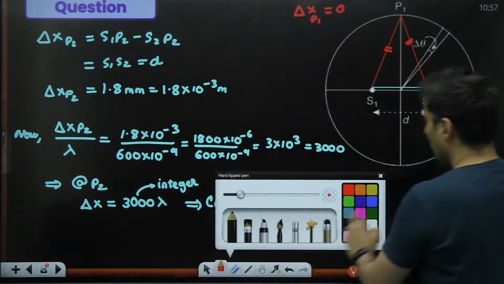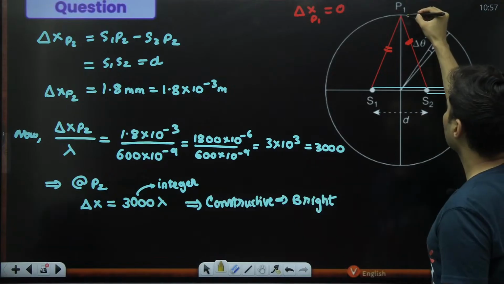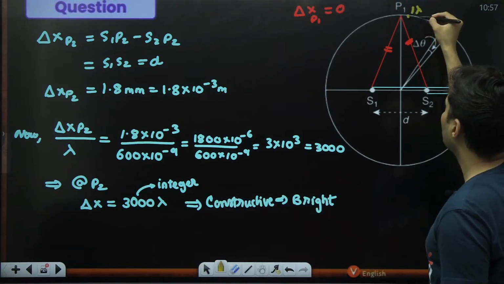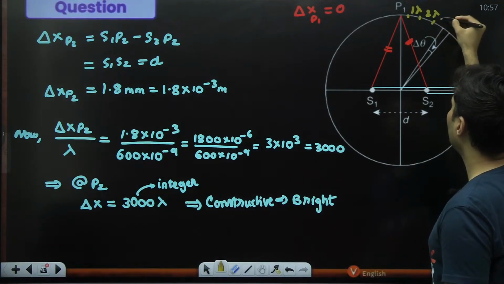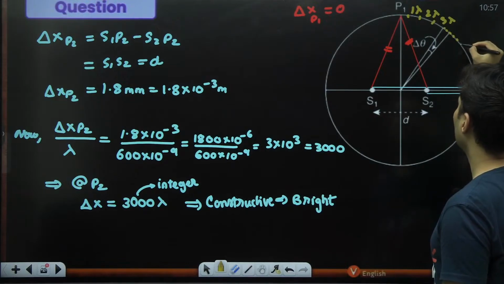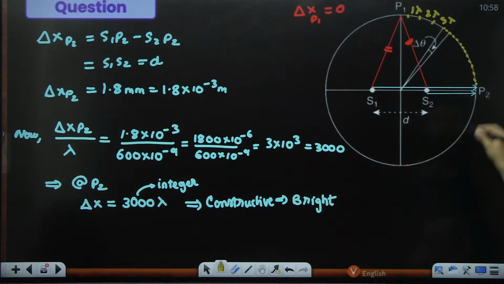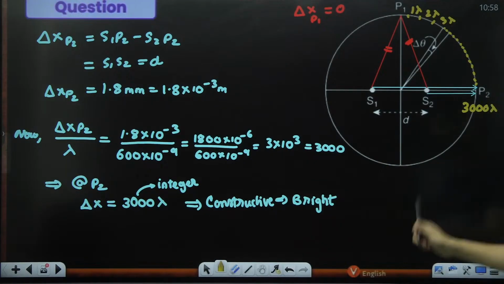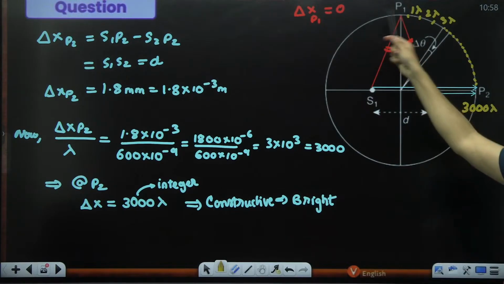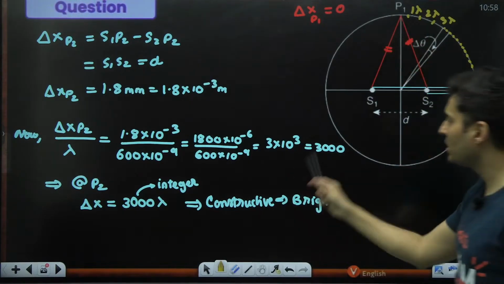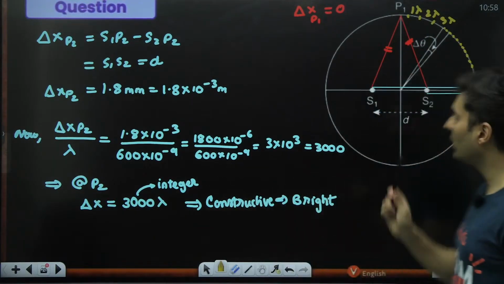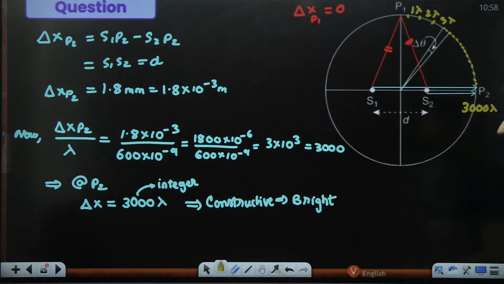Somewhere after P1, the path difference will be 1 lambda, then 2 lambda, then 3 lambda. If you continue like that, finally the path difference at P2 is basically 3000 lambda, isn't it? From P1, which had 0 lambda, to P2, it is 3000 lambda.